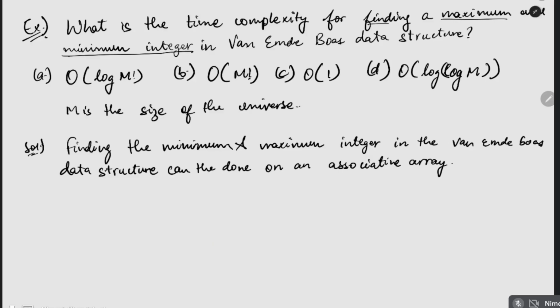So we don't need to search on the actual data structure because the search for the minimum and maximum integer can be done on another associative array that we make for S.